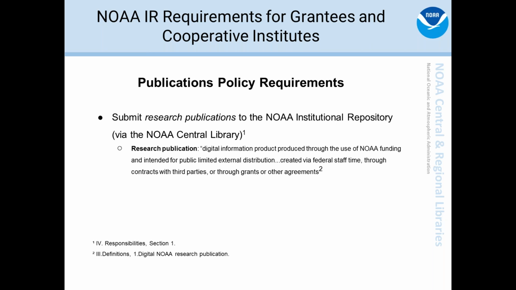So the policy defines a research publication as any digital information product produced through the use of NOAA funding and intended for public or limited external distribution after the effective date of the NOAA Plan for Increasing Public Access to Results of Research, the PARR plan, and which meets the criteria shown below. This includes products created via federal staff time, through contracts with third parties, or through grants or other agreements. So if you receive NOAA money, you have to send us a copy of your manuscripts.